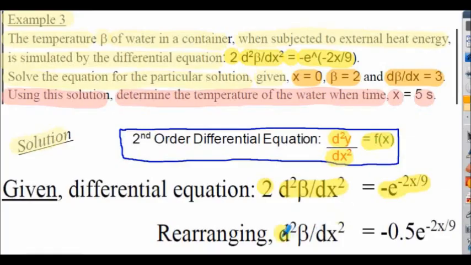So it's of the form d2 beta by dx squared, and that's equal to negative 0.5 e to the negative 2x divided by 9. Instead of using the fraction of a half on the right hand side, I've used decimal 0.5 here. So now we're ready to undertake the 3-step process.